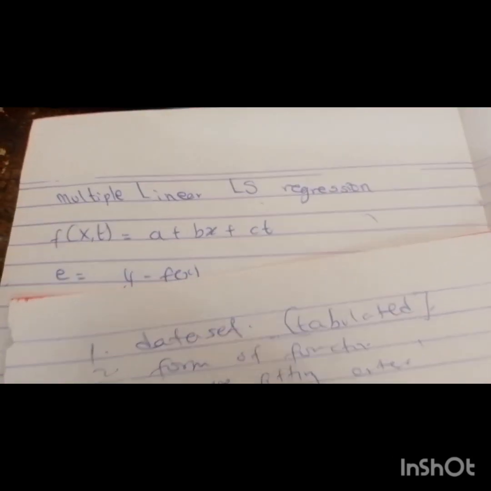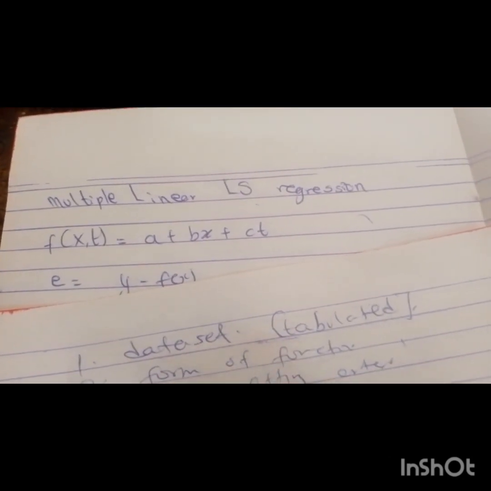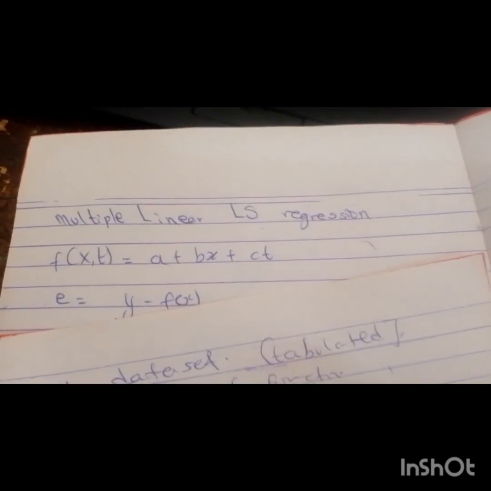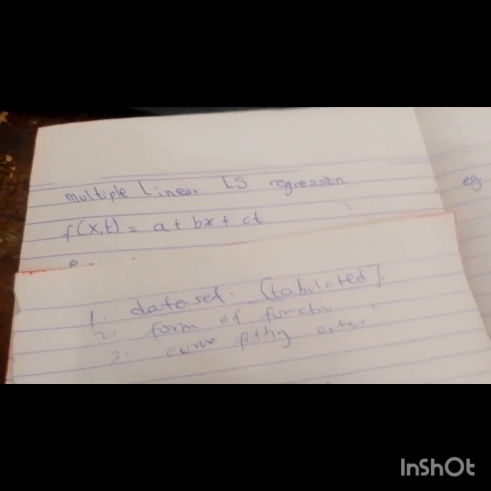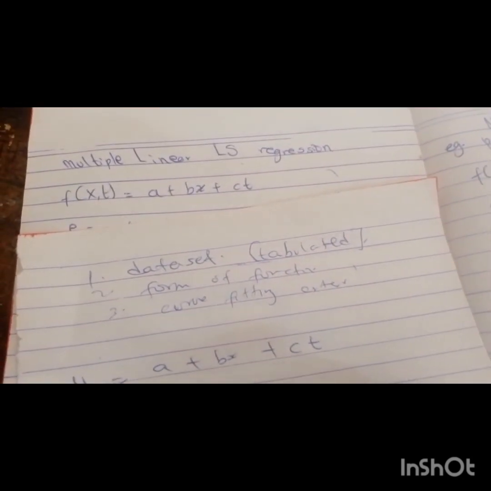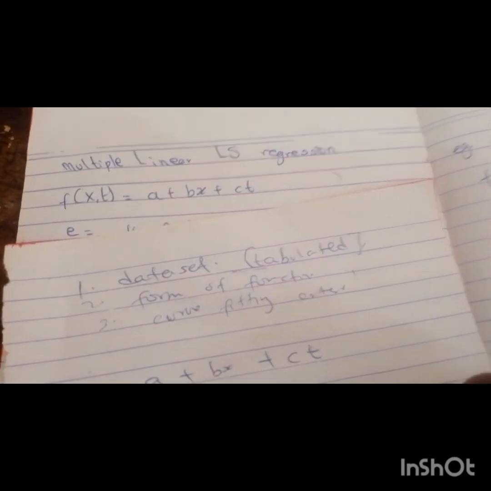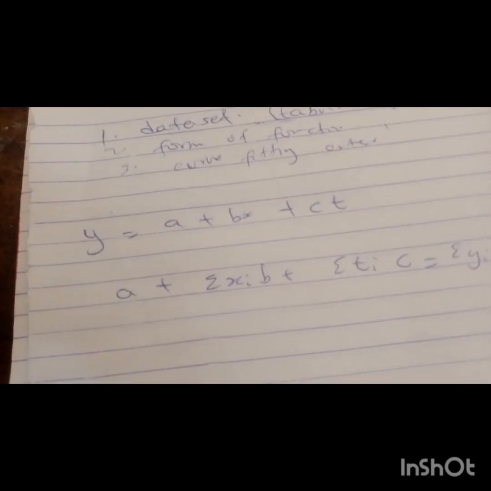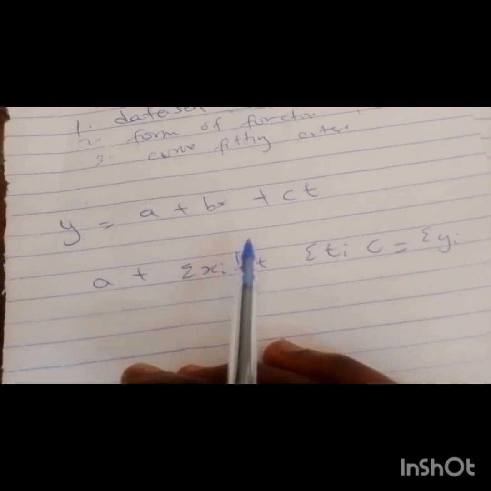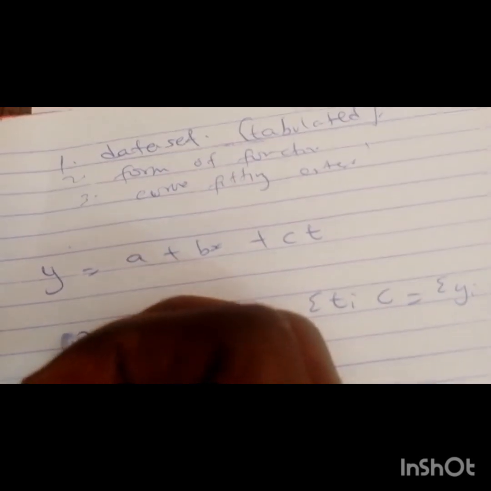So let's say they give you y equals a plus bx plus ct. Now to generate the equations, you start: n a plus summation of xi b plus summation of ti c equals summation of yi. Because you are dealing with a number of points, we don't know the number of points, so you just put n here.